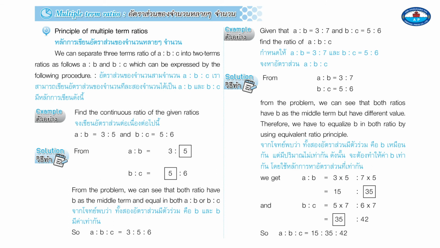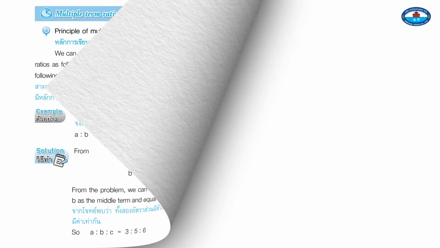Therefore, we have to equalize B in both ratios by the equivalent ratio principle. We get A:B equals 3 times 5 : 7 times 5 equals 15:35, and B:C equals 5 times 7 : 6 times 7 equals 35:42. So A:B:C equals 15:35:42.